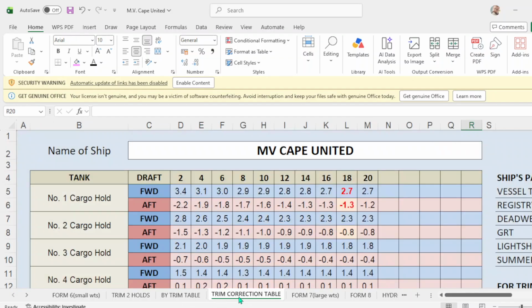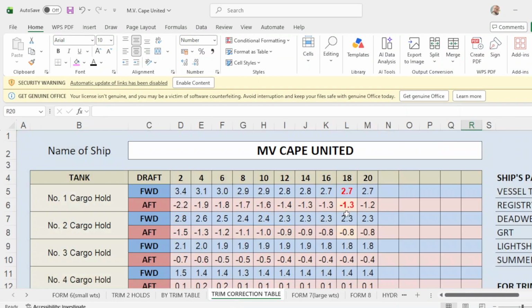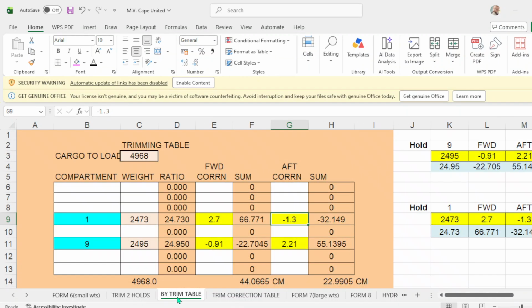So, number 1, forward correction is 2.7. And up correction is how much? Negative 1.3. There, negative 1.3.